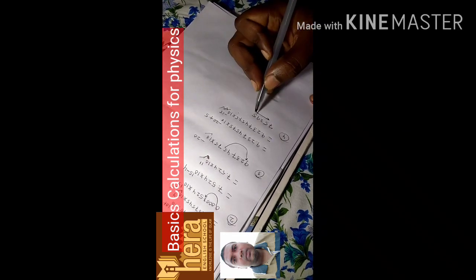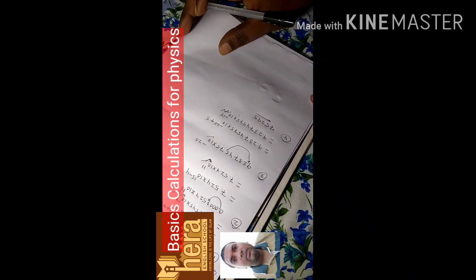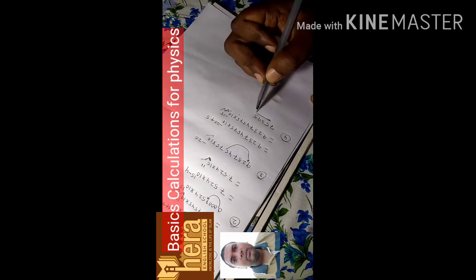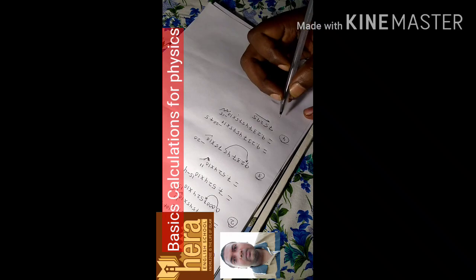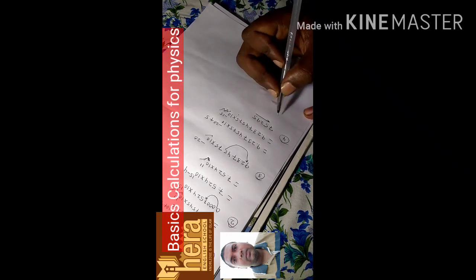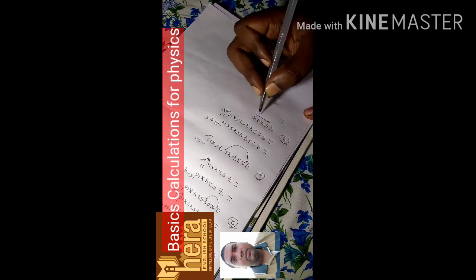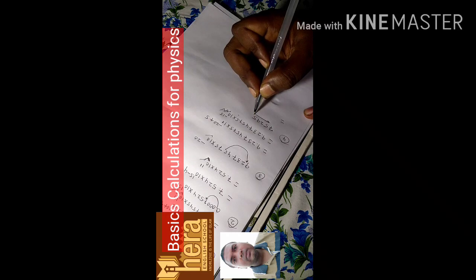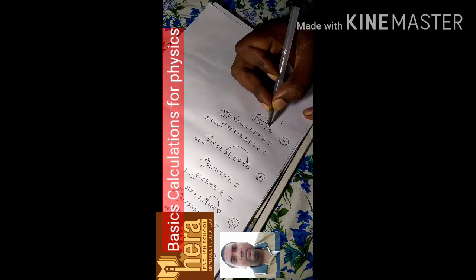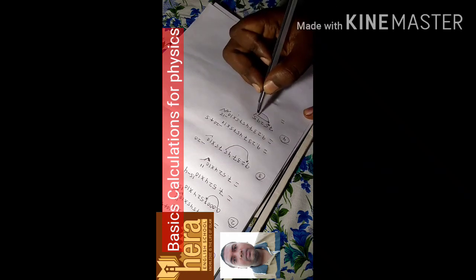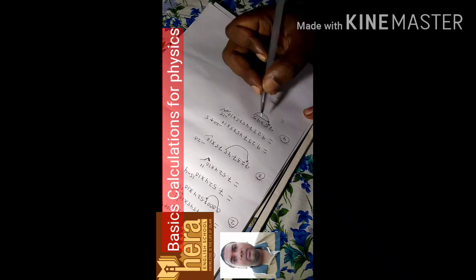Now see, in this number, here is the decimal. You have to shift the decimal from here to here. How many digits are there? 1, 2, 3, 4.